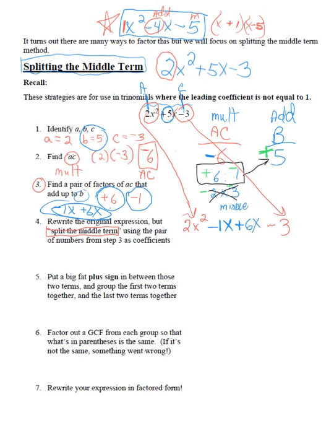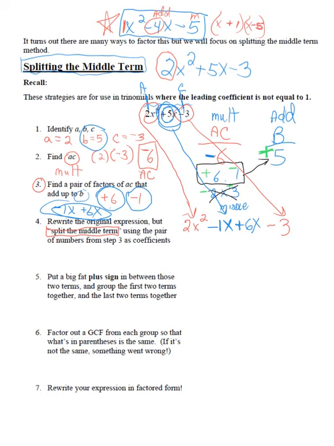And you can see that's the blue 5x that I had in the middle. That's why we call it split the middles. And sometimes we call it ACB, and you can see how we get the middles by using ACB.